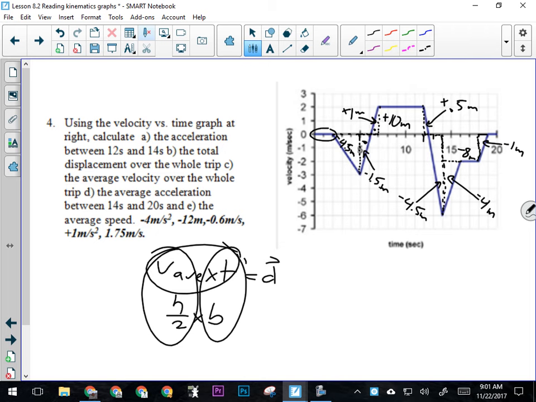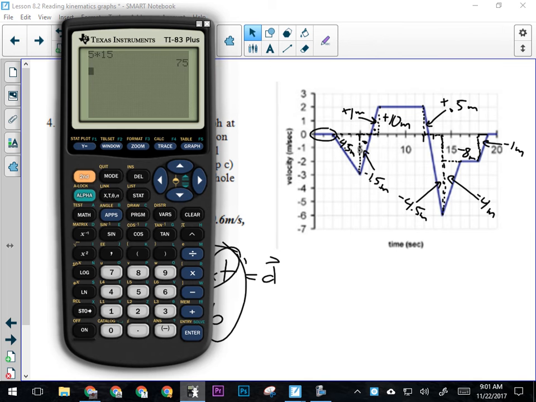All right, what's my next step now that I got all those areas? Add them all together, making sure I keep the signs, okay, the negatives and positives, because I'm looking for a vector quantity. Okay, so then we'll go negative 4.5 plus negative 1.5 plus 1 plus 10 plus 0.5 plus negative 4.5 plus negative 4 plus negative 8 plus negative 1.